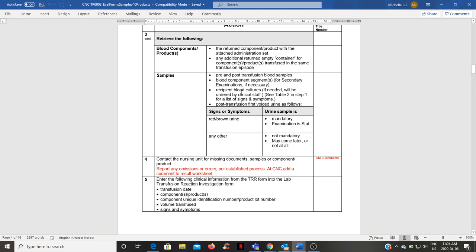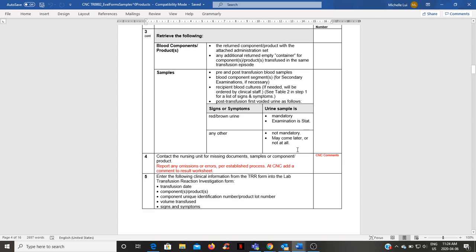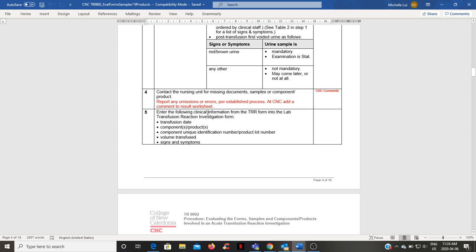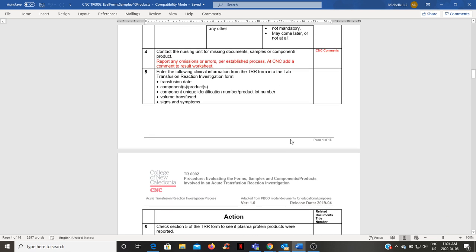In this case, we are not doing blood cultures, so that was not done. And then the post-transfusion urine. Basically, any other symptoms other than red-brown urine, the urine is not mandatory, but it may be done as a routine thing. Contact the nursing unit for anything missing. In this case, we have everything we need.